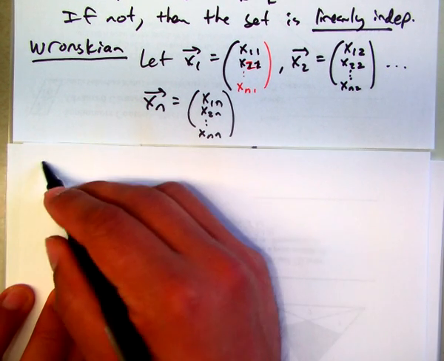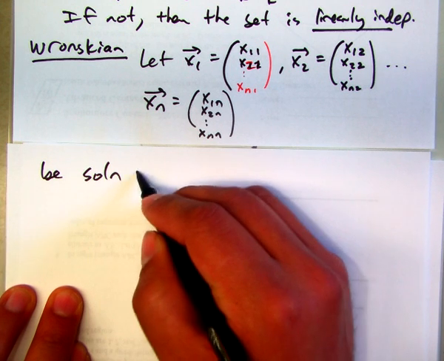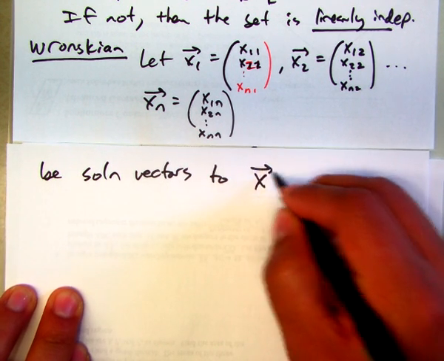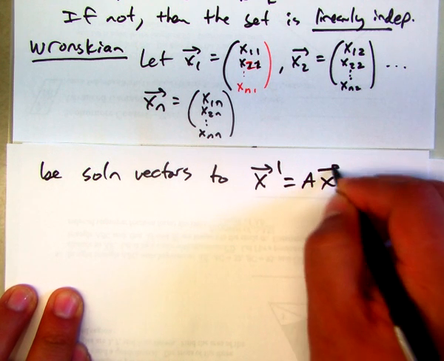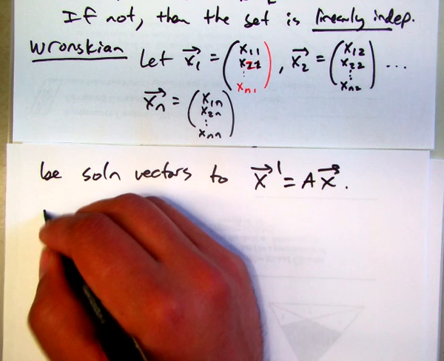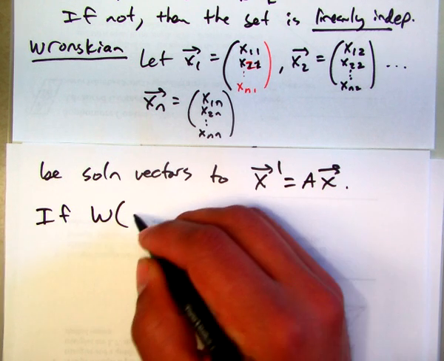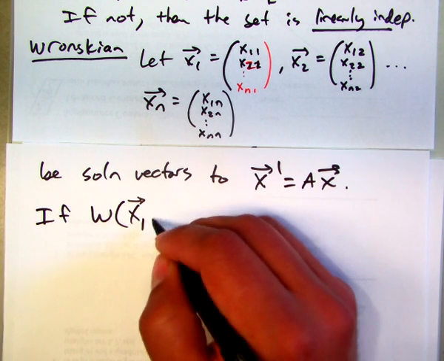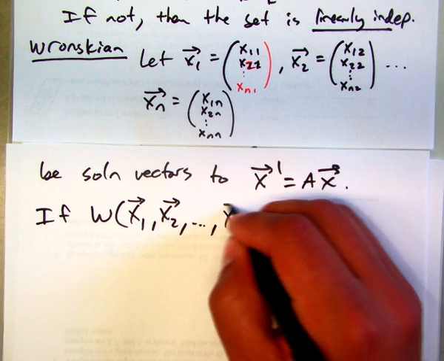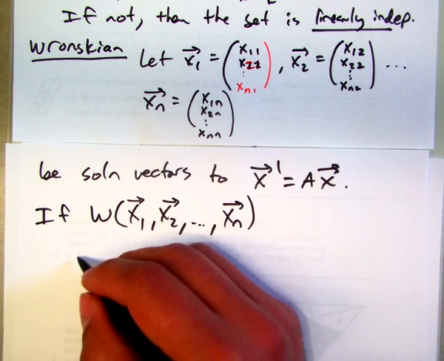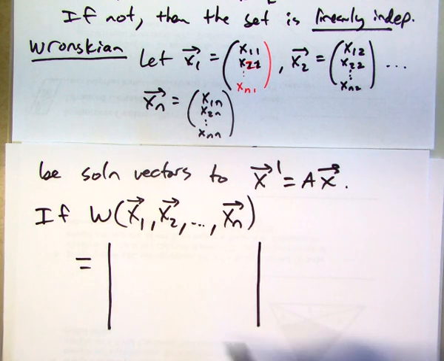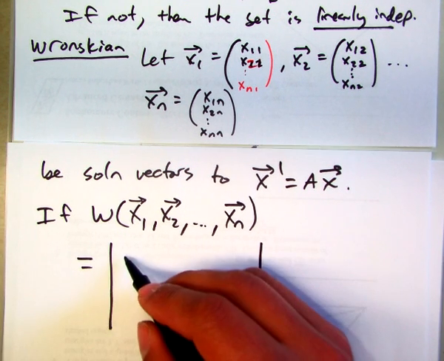Let all of those be solution vectors to x prime equal to Ax. The Wronskian of these solution vectors is simply equal to the determinant of the n by n matrix as you put all of these together.